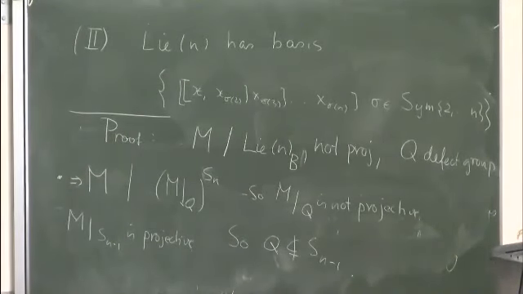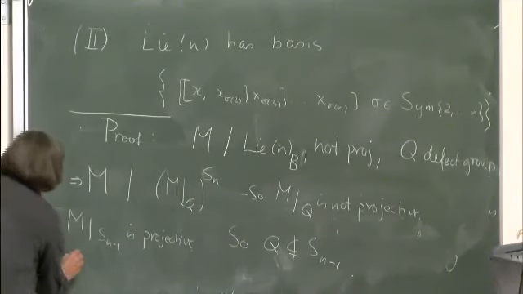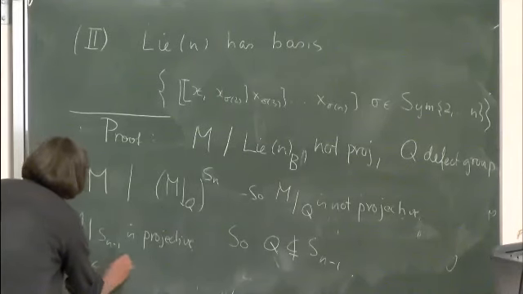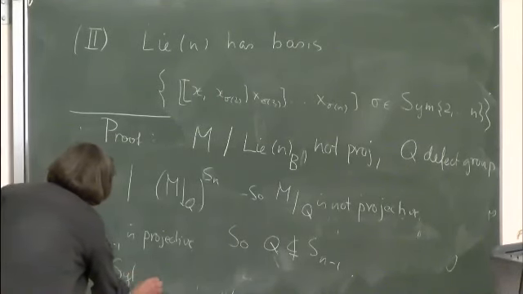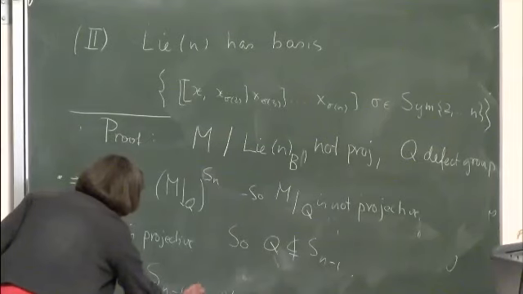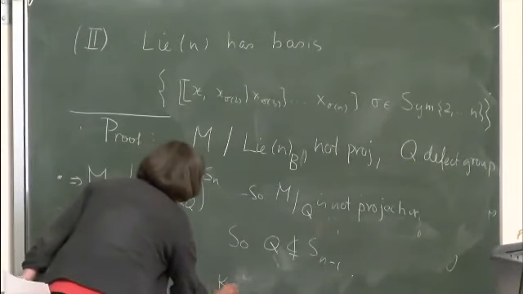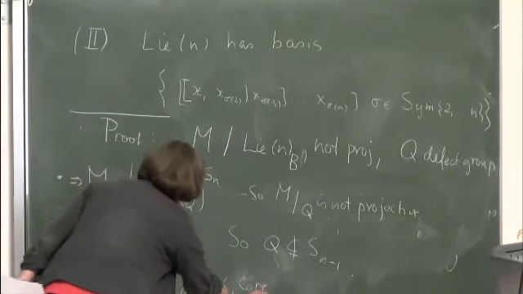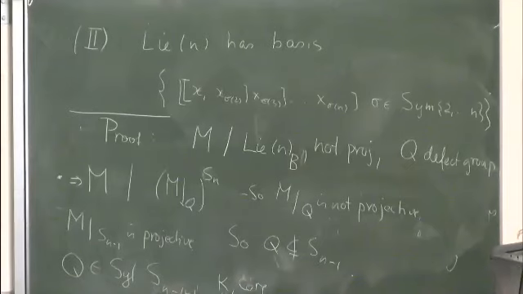Then you have to remember what Radha said, namely that Q is a Sylow subgroup of Sn minus the size of the core, where kappa is the core. I think you did say that, did you? Right.